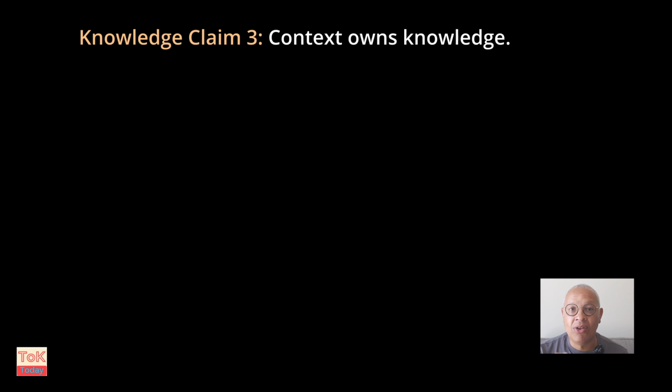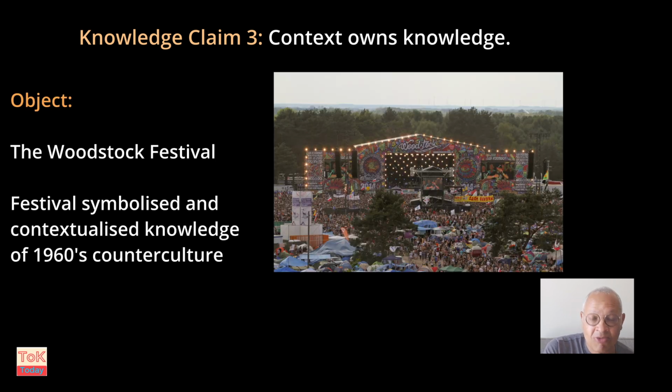And my object for knowledge claim 3, and remember knowledge claim 3 is that the context owns knowledge, and the object for that knowledge claim is the Woodstock Festival held in Woodstock, New York, 18th of August 1969. Jimi's performance at this festival not only symbolised his career and fame, but it now symbolises the 1960s.